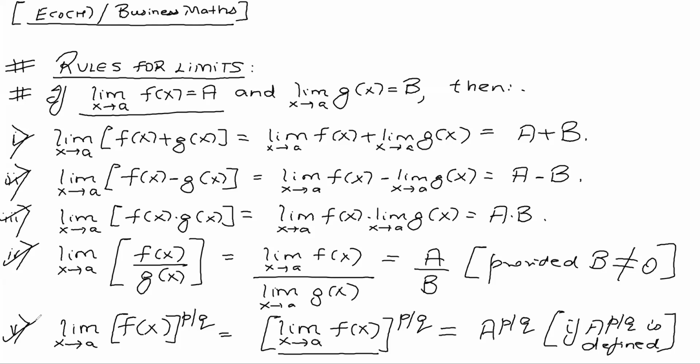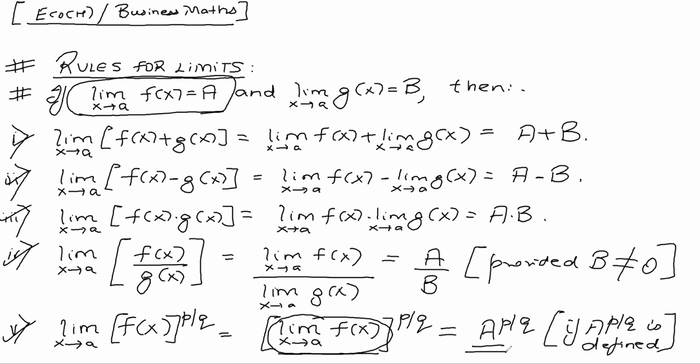So limit as x tends to a, f of x to the power p by q, I can take the limit inside the bracket whole to the power p by q. And limit as x tends to a, f of x is equal to what? It is equal to A. So I can write A to the power p by q. I hope now the rule is clear. Yes sir.